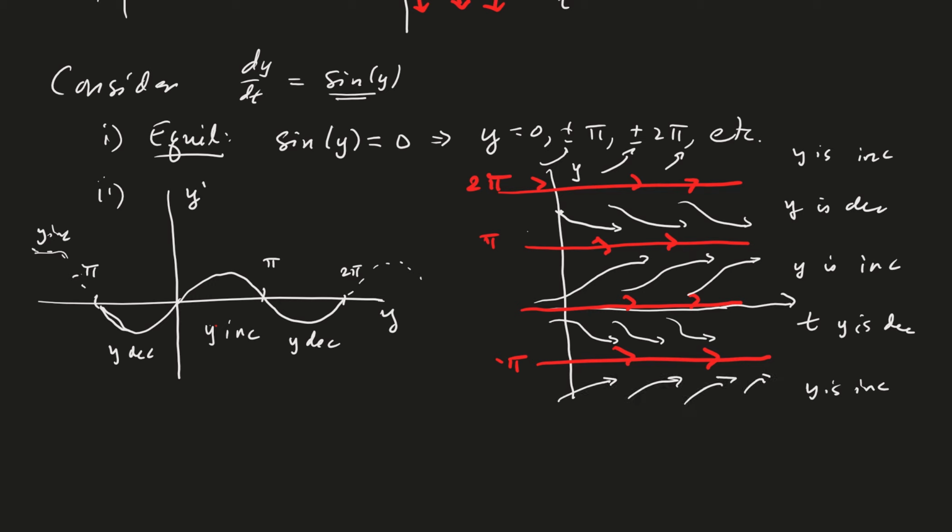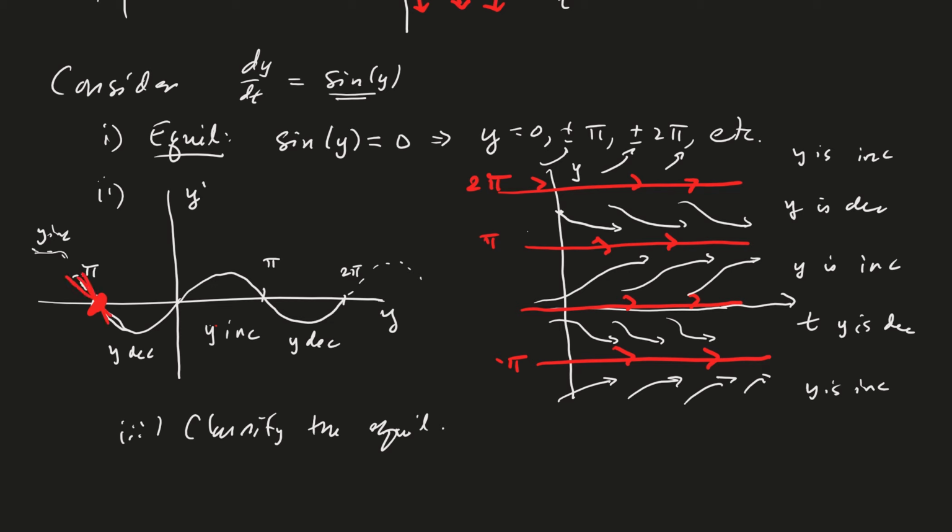Okay, so from our graph or from the direction field, let's classify the equilibria. At this equilibrium at negative pi, do we have a positive crossing or a negative crossing?